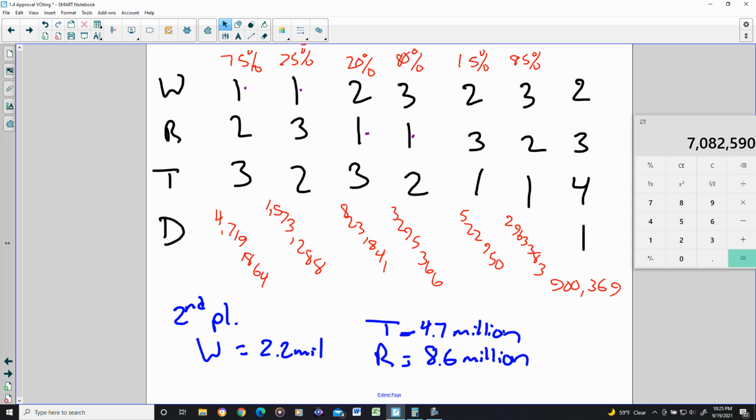Look at Roosevelt's third place votes. He has much fewer third place votes than anybody else. Simply because Roosevelt, while not the most top-rated candidate, has a huge amount of support, and so he has a lot of second-place votes based on this situation. So Roosevelt is extraordinarily popular here.